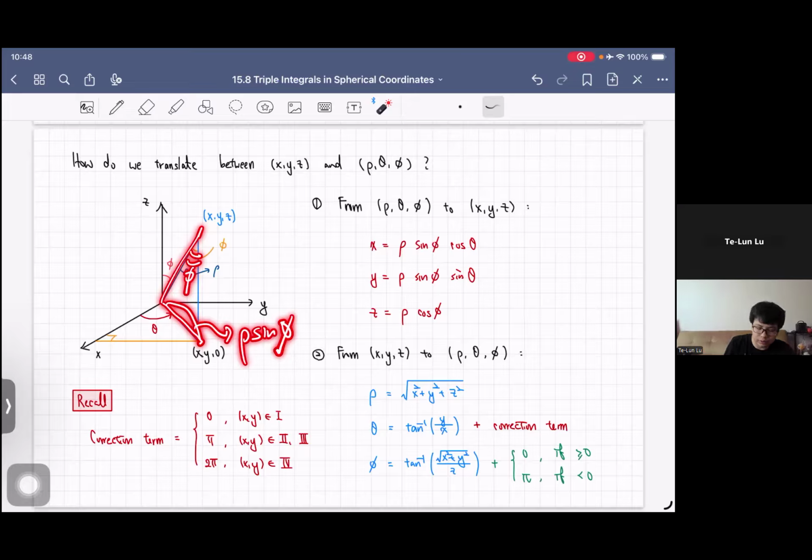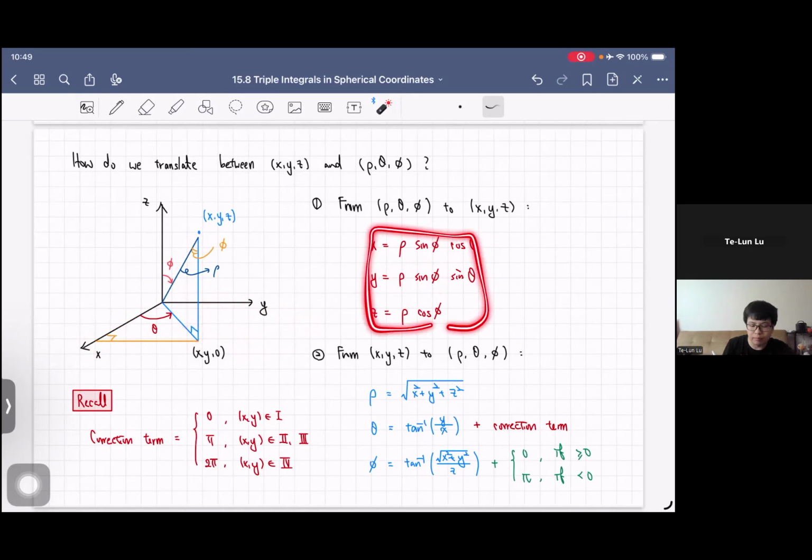Now, if we project it onto the x-axis, then by the definition of the angle theta and this right triangle, rho sine phi multiplied by cosine theta will give us the correct x coordinate. So x will be rho sine phi cosine theta. And similarly, y will simply be rho sine phi sine theta. So these are the coordinates x, y, z represented by rho, theta, and phi.